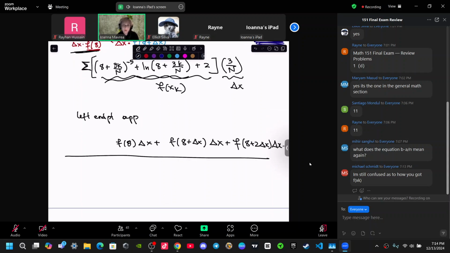But if I were to choose a right endpoint approximation, this is your first x value, which is 8. And the heights, I don't know what the heights are, nobody cares. Let's say for the first subinterval, I want to use the right endpoint.